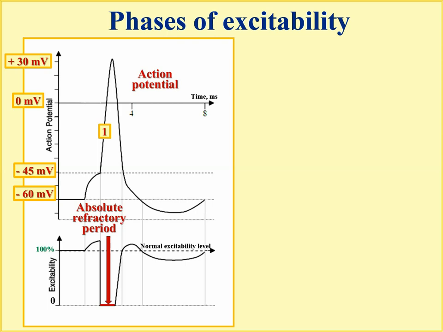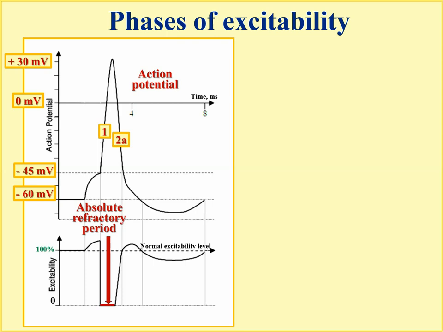So because of the temporary absence of excitability during action potential generation, the absolute refractory period, as you can see, is rather short. It corresponds to the peak duration, and usually it doesn't exceed 1 millisecond. It's a very short period of absence of excitability.